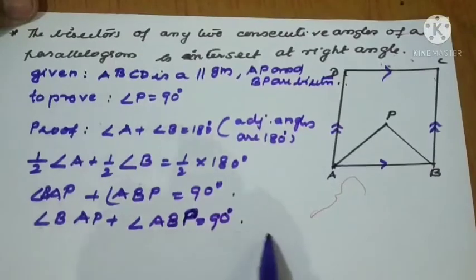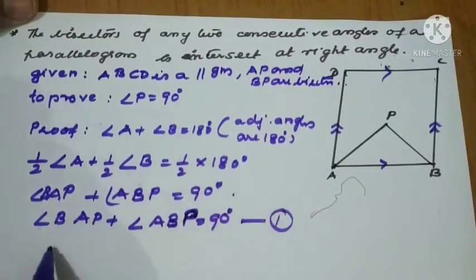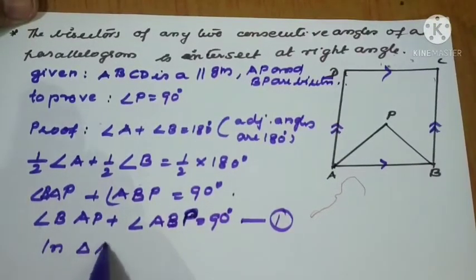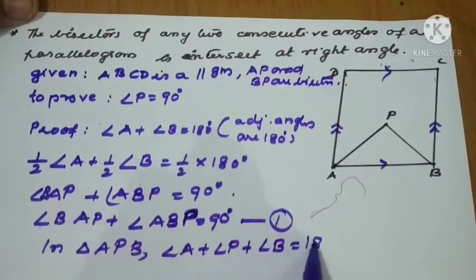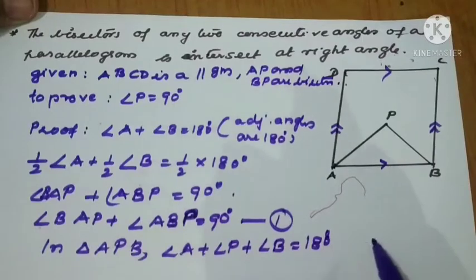Now triangle will go. In triangle APB, angle A plus angle P plus angle B equal to 180. What is the reason? Angle sum property.